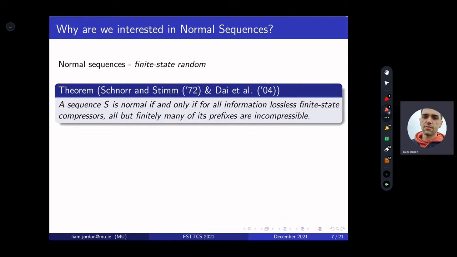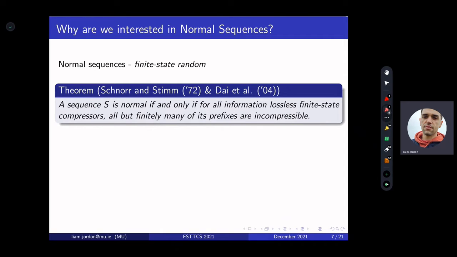if your complexity was based on how compressible the prefixes of the sequence are by a finite state compressor, a famous result is that a sequence is normal if and only if, for all information lossless finite state compressors, all but finitely many of its prefixes are incompressible.